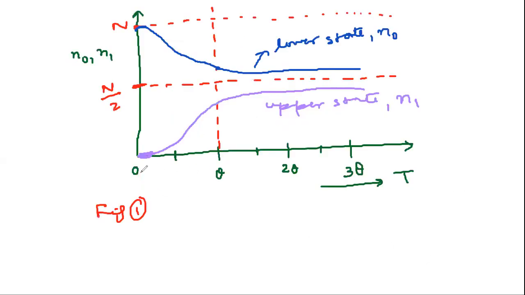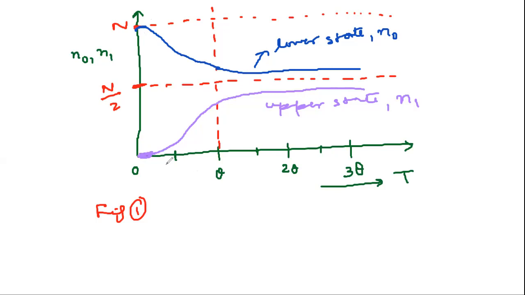So we have divided our temperature scale into characteristic temperature. Here I have 1 theta as the temperature, here I have 2 theta and 3 theta. When T is lower compared to theta, you see this N0 is N and this N1 touches zero.